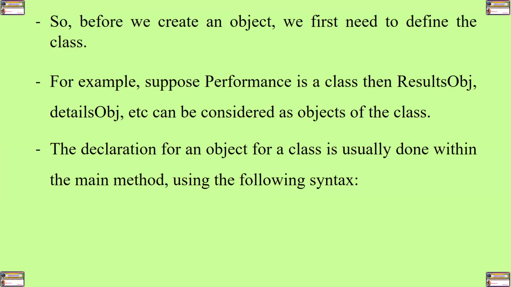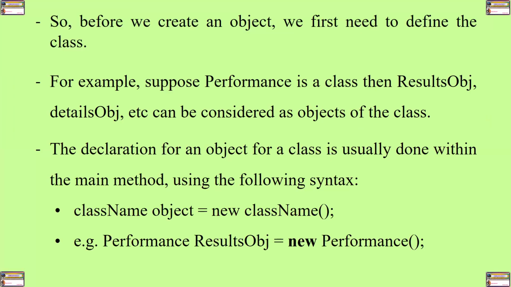The declaration of an object for a class is usually done within the main method using the following syntax. So we have the class name, object equals new class name. And remember, that is a method. For example, new performance, new performance being for the class called performance.